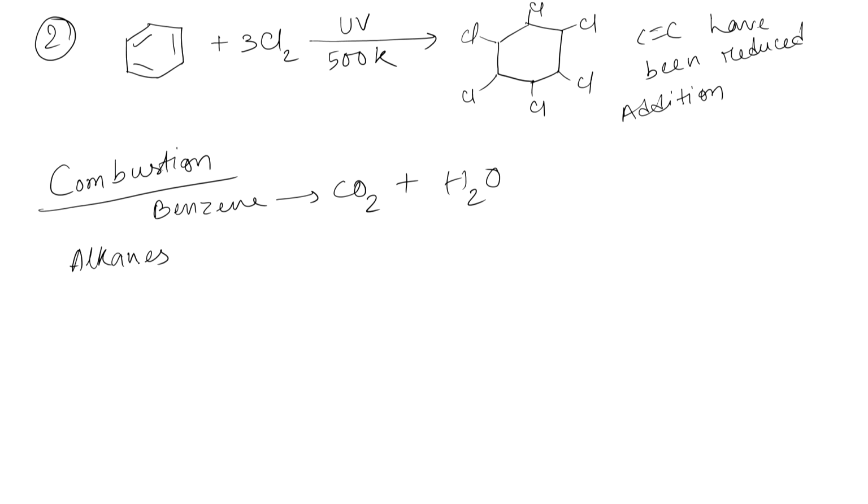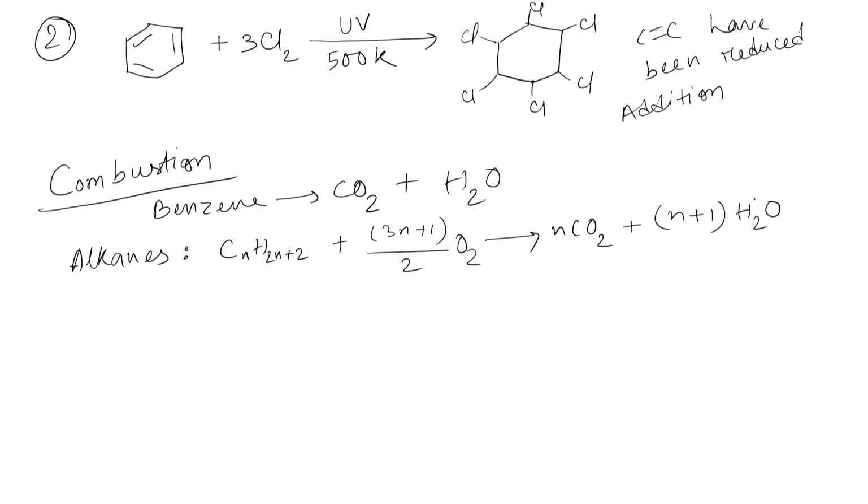We had read some general formulas. So, the general formula for alkanes is CnH2n plus 2 plus 3n plus 1 by 2, these many oxygens, and we get nCO2 plus n plus 1 water.